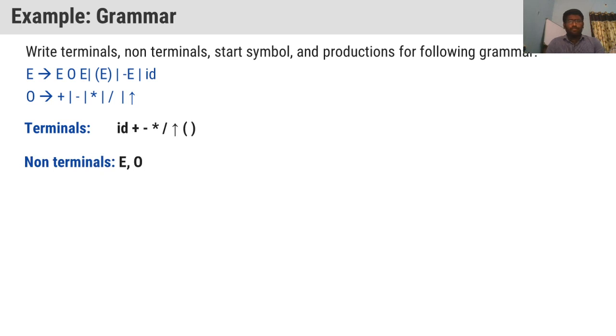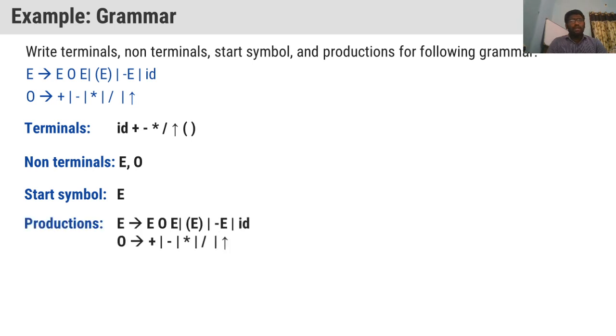Next, non-terminals are only E and O. What is the start symbol? Capital E. And productions are these things. These productions have been given in the example problem itself. So this is about context free grammar.